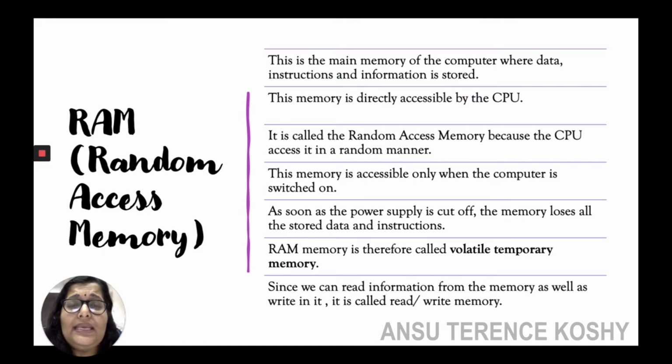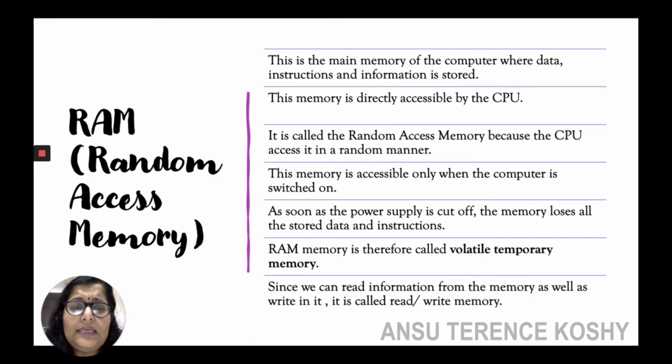This memory is accessible only when the computer is switched on. As soon as the power supply is cut off, the memory loses all the stored data and instructions. That is, anything stored in the RAM will be gone when there is a power cut.